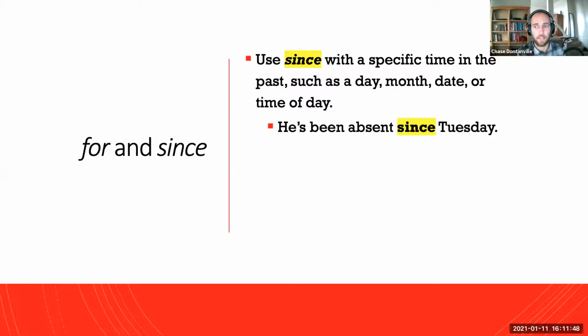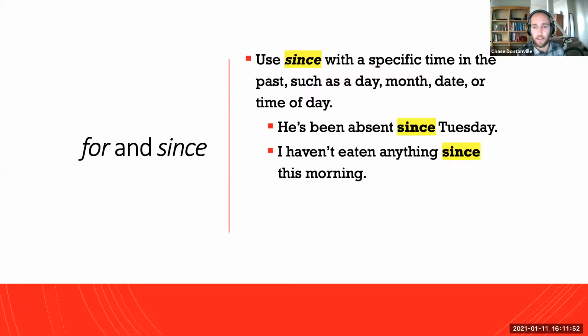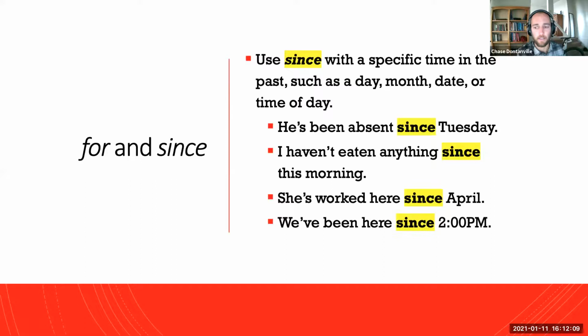He has been absent since Tuesday. I haven't eaten anything since this morning. Okay, this morning is a specific time. She's worked here since April. April, specific time. We've been here since 2 p.m. Obviously, 2 p.m. is a specific time.